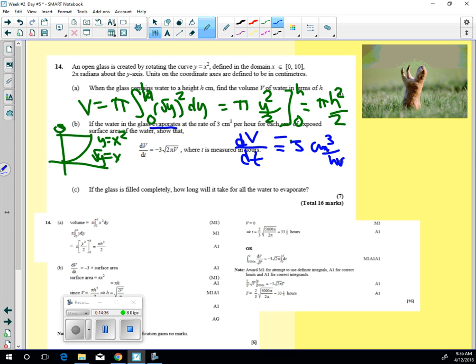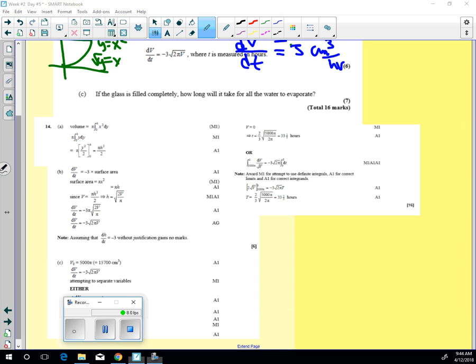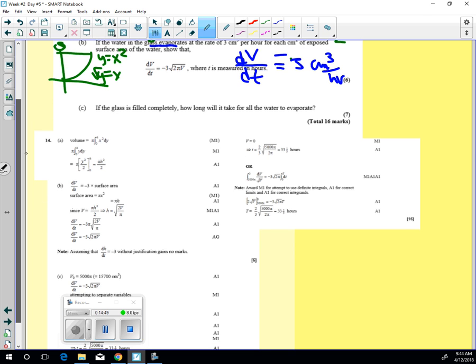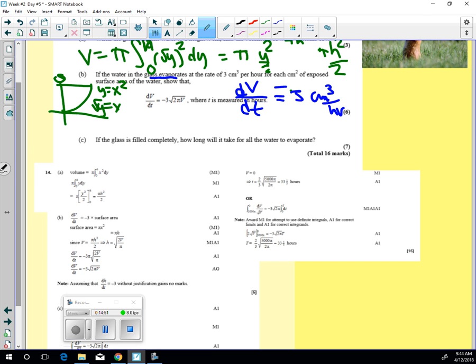All right, so surface area, show. Oh, we have to show that? Okay. So for part B, the key to part B is the change in volume with respect to t is equal to -3 for each centimeter squared. So what they're saying there is that for the surface area.